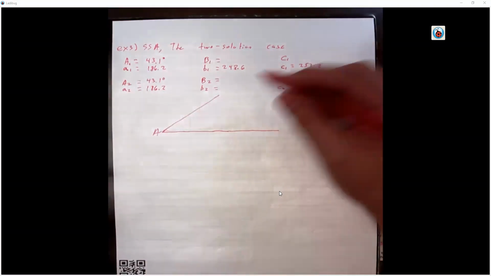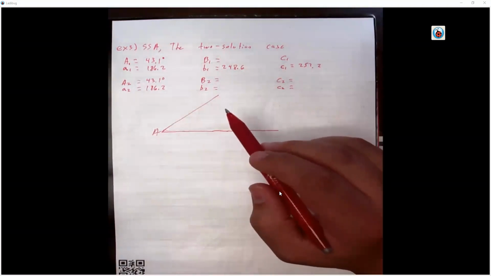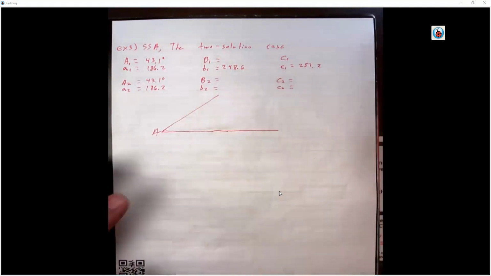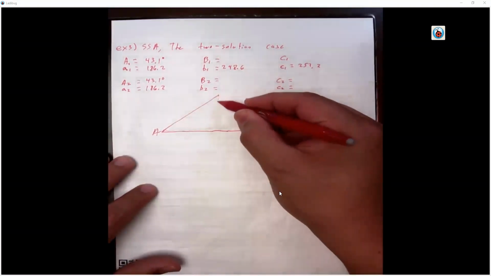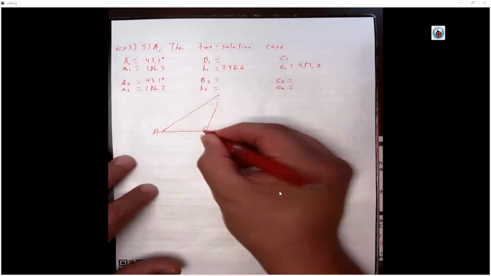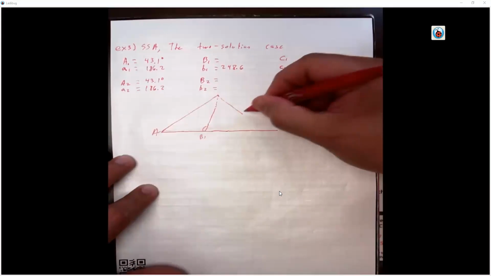That side a, opposite to angle A, is going to either open inward or outward. Does that make sense? It's like it's flapping in or out. So that's why you have 2 solutions. So either it's coming down here somewhere, we'll call that B1, or it's coming down here. So do you see why there's two different B's?